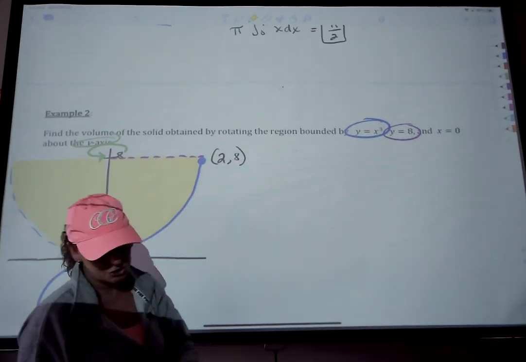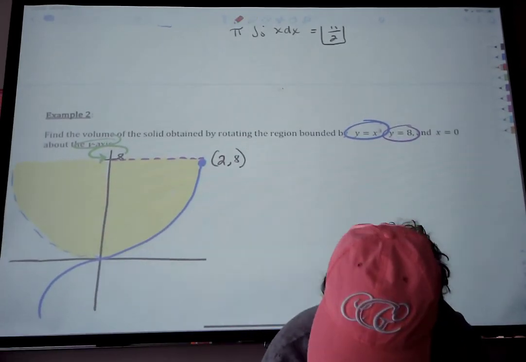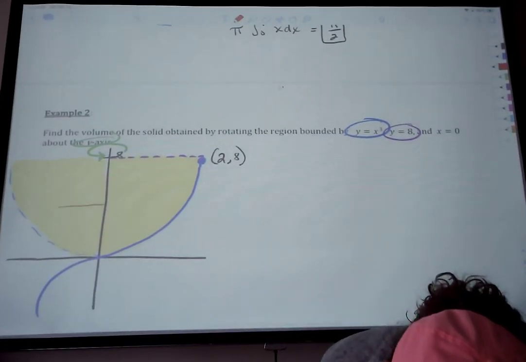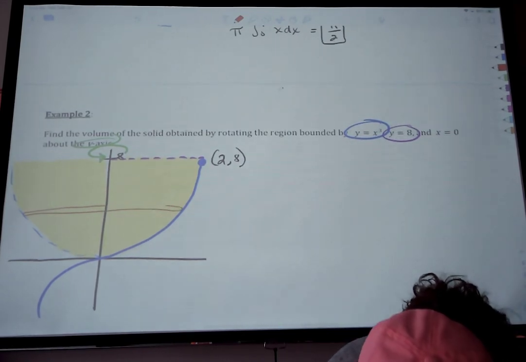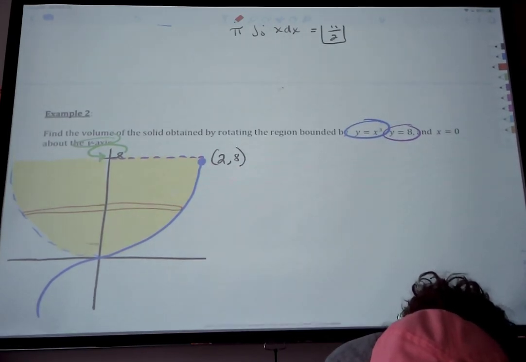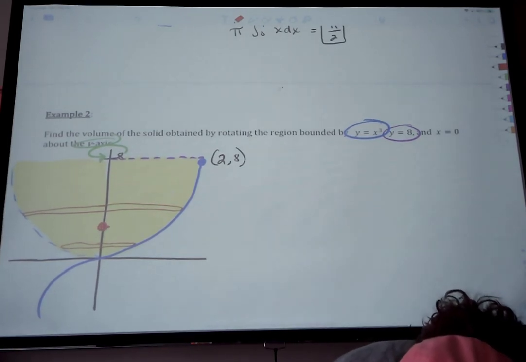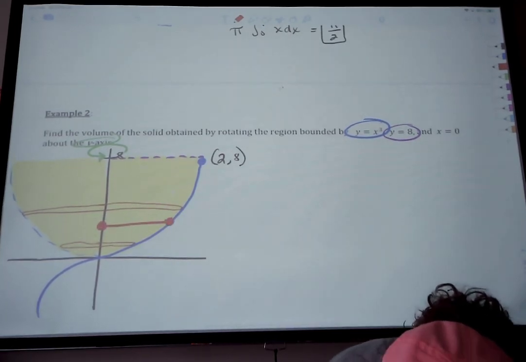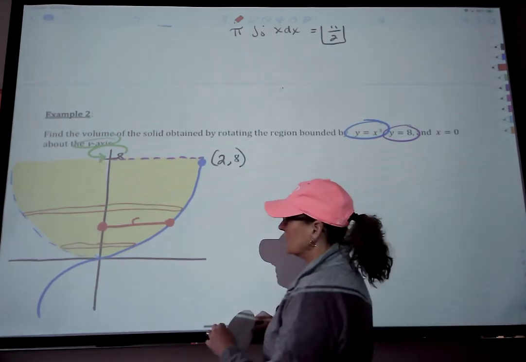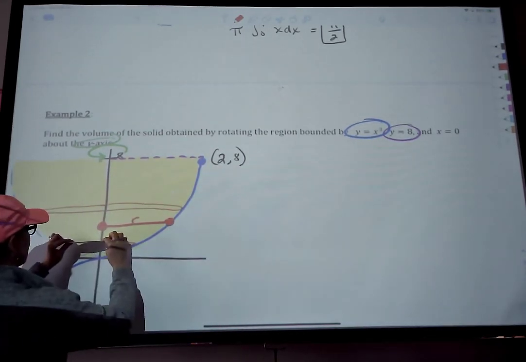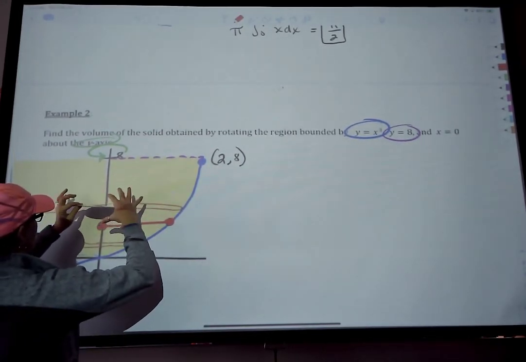Draw a circle or two to represent one of your plates. So this time, plates are stacked on top of each other. They're getting bigger and bigger.